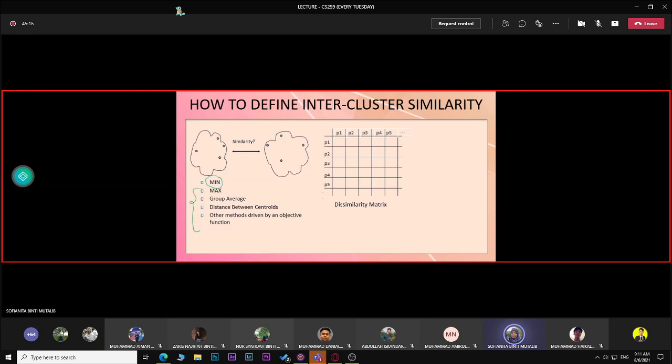In this context, mean, max, group average, and so forth is actually operator. Operator of what? Okay, if you look at this one, mean is actually finding objects in cluster 1 and cluster 2, which object between this cluster has the lowest or the minimum distance. Okay, this will be referring to the mean.